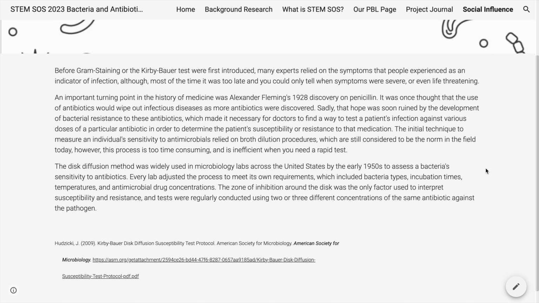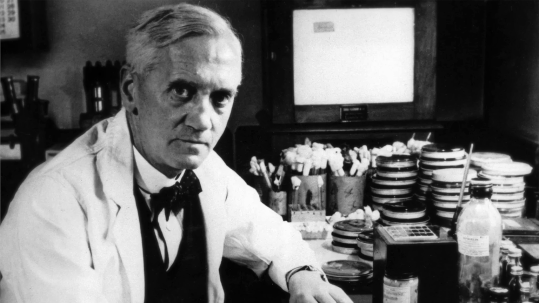Before gram staining or the Kirby-Bauer test were first introduced, many experts relied on the symptoms that people experienced as an indicator of infection, although most of the time it was too late and you could only tell when symptoms were severe or even life-threatening. An important turning point in the history of medicine was Alexander Fleming's 1928 discovery of penicillin.